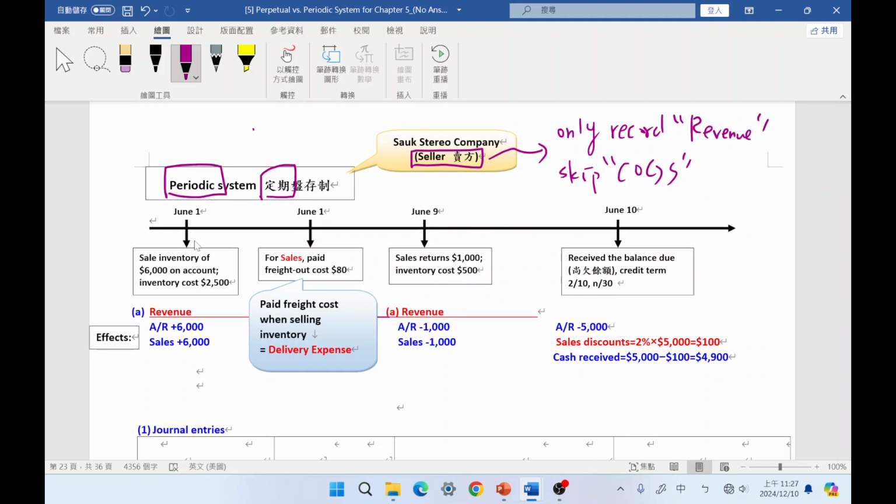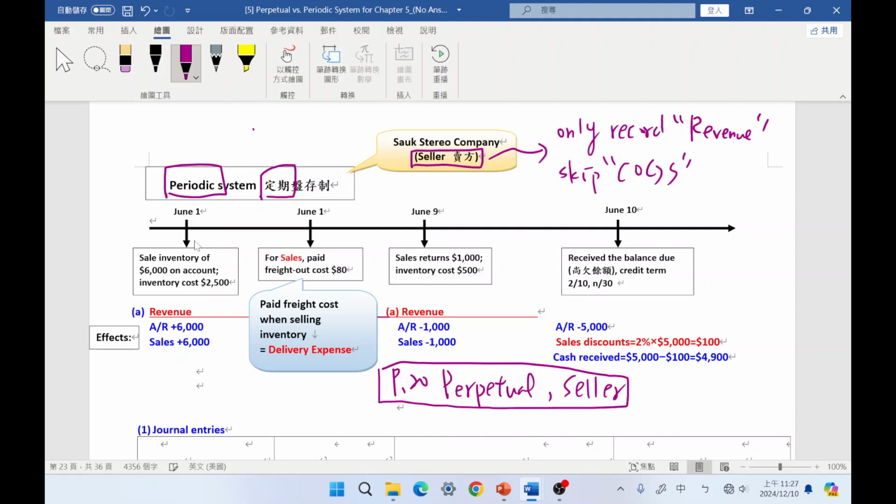So please, based on the picture on page 20, when you are the seller, finish your periodic entries right here. And also don't forget to post to your T account on page 30.